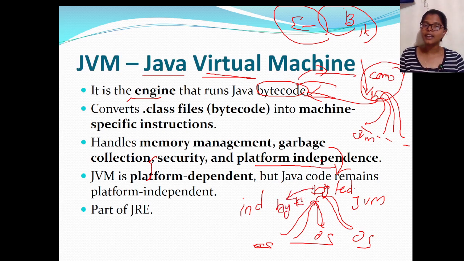It verifies again whether any unauthorized or corrupted code is present. After verifying, it converts it into machine code and provides the runtime. JVM is platform dependent, but Java is platform independent. Remember, JVM is different from operating system to operating system, but Java code works the same on any operating system. It is a part of JRE.